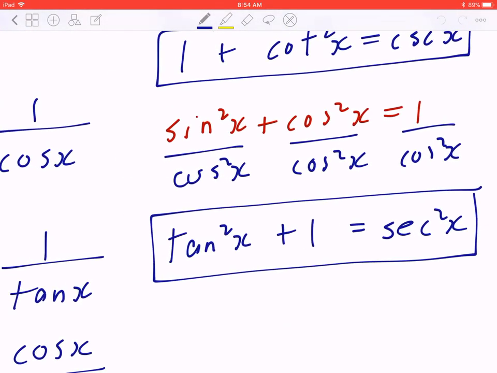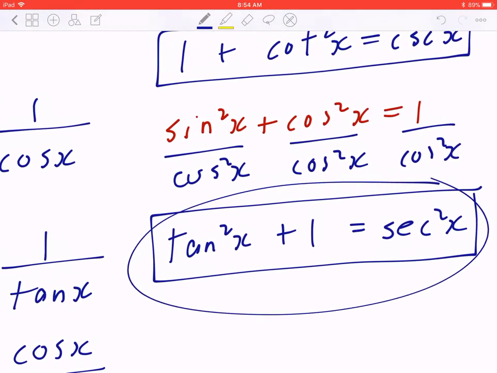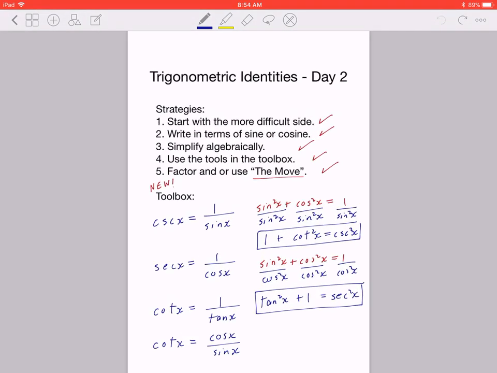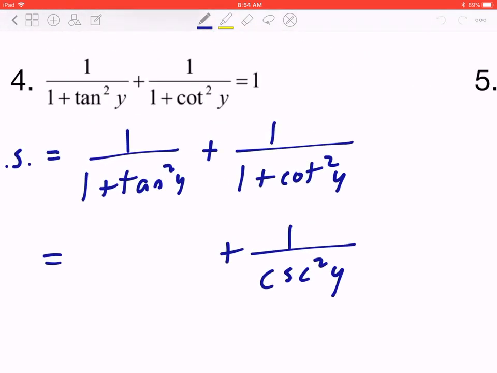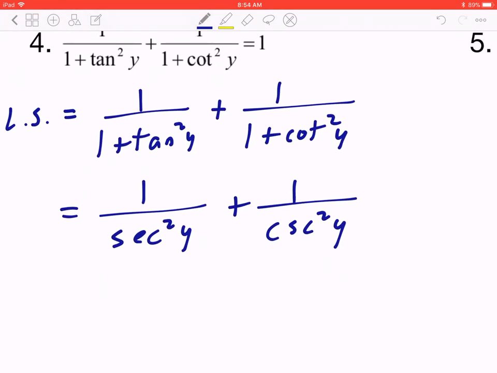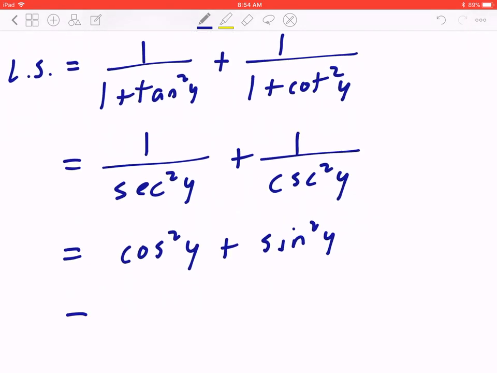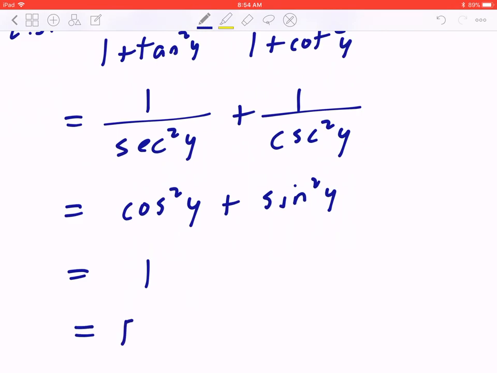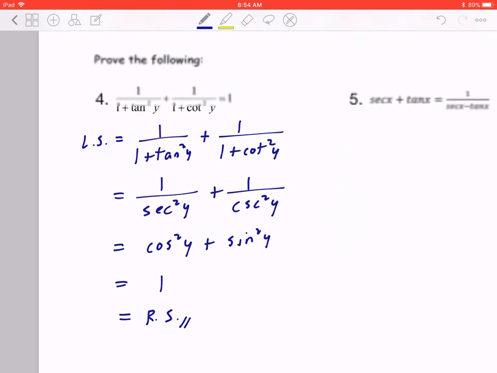Likewise, if you look at the bottom here, tan square x plus 1 equals to secant square x, which means you can rewrite this as 1 over secant square y. And again, with practice, you would know this by heart. 1 divided by secant, of course, is cosine. So in this case, it would be cosine square y. Likewise, 1 divided by cosecant is sine. So this is sine square y. And of course, from day 1, part 1, you've learned this equals to 1, which equals to the right-hand side.